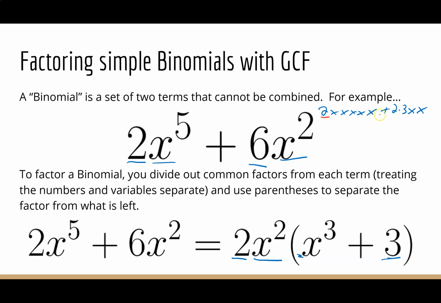We see they both have a 2 and 2 x's, and then you see what's left: x to the third power and a 3. So the 2 and the 2 x's go out front, left over with xxx plus 3, do some condensing, and you're good there.